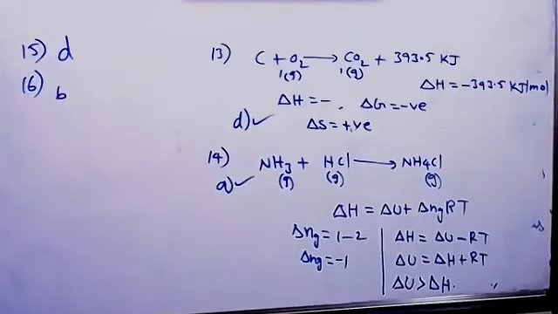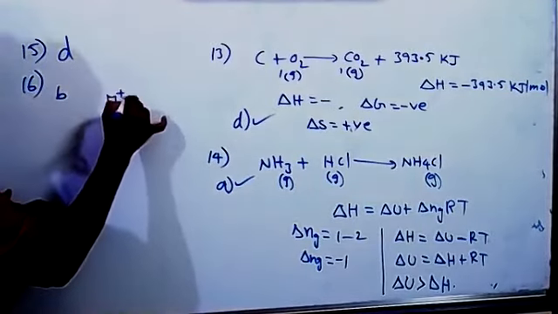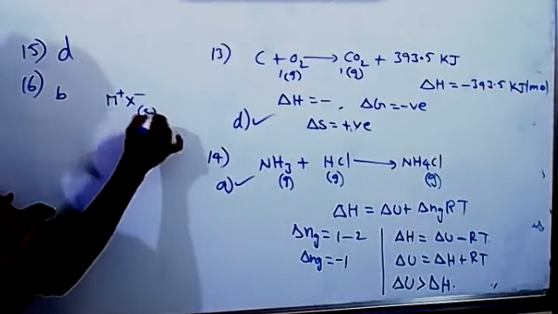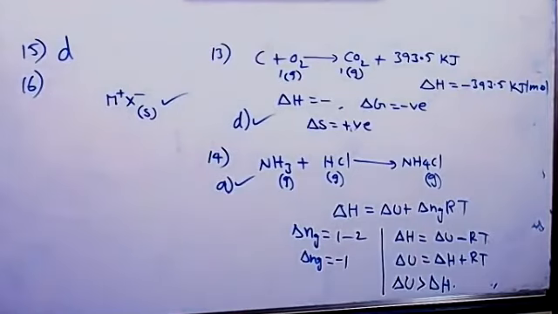Okay, C also given. Okay, wait. There I think the option is not given. M plus X minus solid is the correct answer. So lattice enthalpy definition is when the requisite number of gaseous cations and anions combine and form a solid ionic substance.